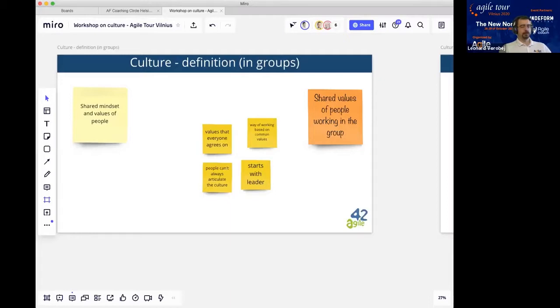It's not about some kind of formal thing, but you can have culture in different kinds of things. So we call it group. It can be organization, it can be family, it can be whatever group you have around. So this was our thought on that. And the third group?